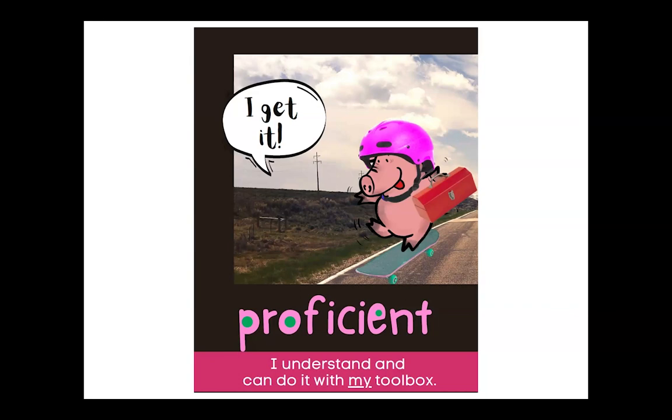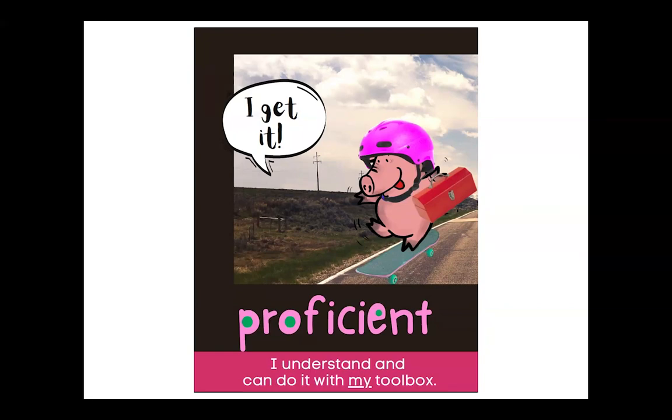Now, I absolutely love this one because her students explained to me that they were having a conversation about proficient, and in the previous wording, she had, I can understand and do it independently. And they had a discussion about what about accommodations, and what about when you need those tools in your toolbox in order to reach our goals. That's okay.